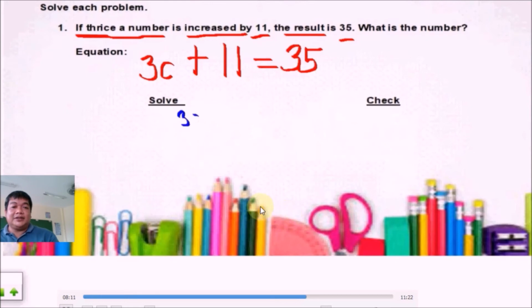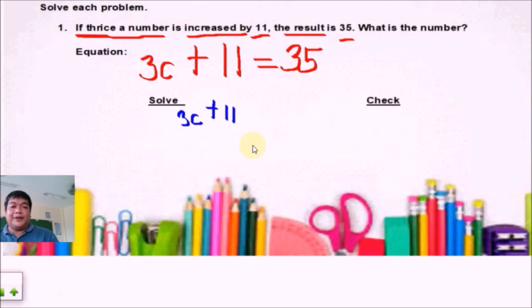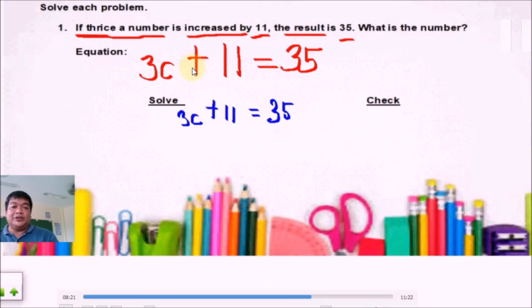To solve this one, what property of equality are we going to use? Since the operation is addition, what is the inverse of addition? That is subtraction. So we're going to use subtraction in this equation, in order to eliminate 11 from this side.